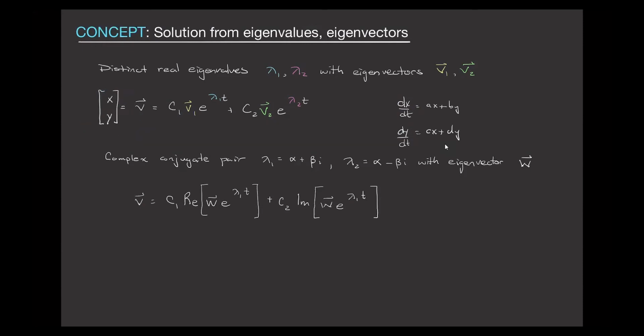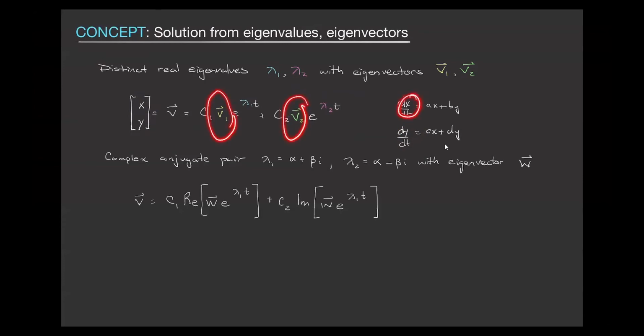Because we want to solve for x and y, this gives us the top row x solution and the bottom row y solution. And that's one reason to help you remember why you would have eigenvectors here: you need the 2 rows to account for the 2 different solutions. You're solving for x and you're solving for y.